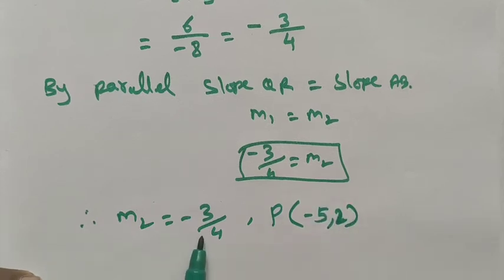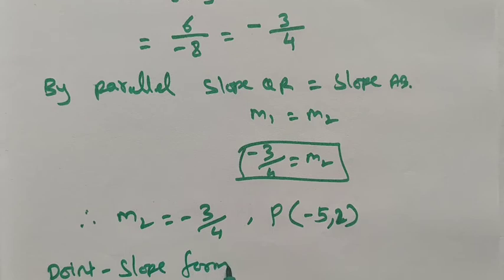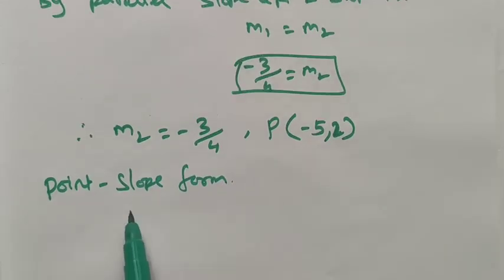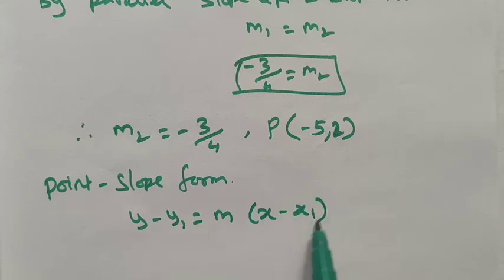By using the slope and point, the point slope form, we know the formula y minus y1 is equal to m of (x minus x1). Here m2 and m are both the same.